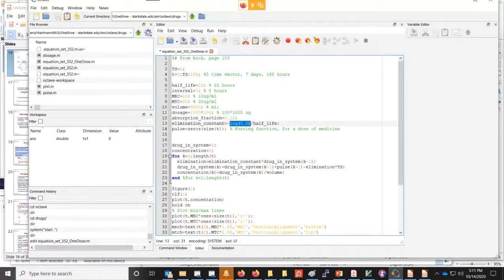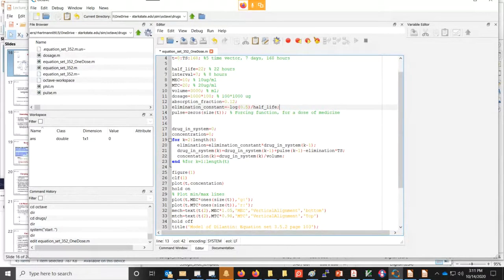We've got the elimination constant, which is the half-life and the drug being removed from your system. And so now, if I run the simulation, this is going to calculate how much is being eliminated.